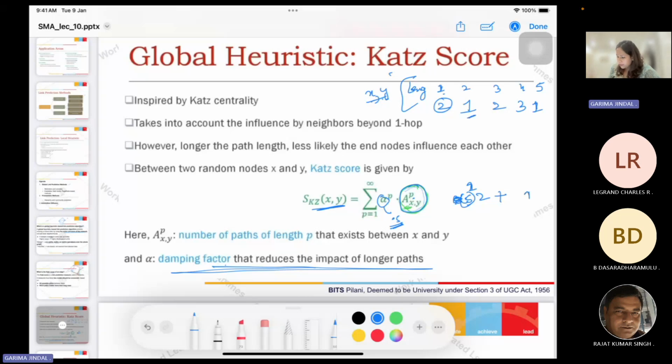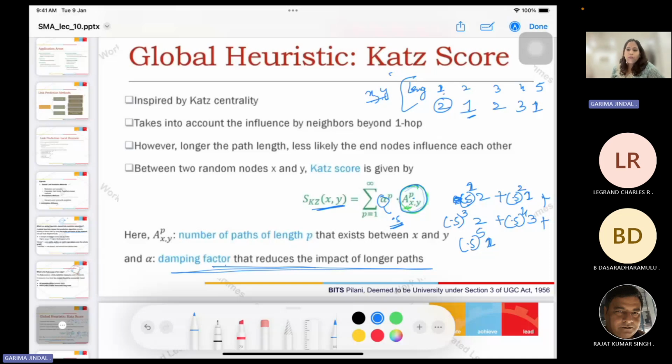There is one path, with alpha raised to the power 2. Plus two paths of length 3, with alpha raised to the power 3. Plus three paths of length 4 and alpha raised to the power 4. Then one path of length 5, with alpha raised to the power 5.